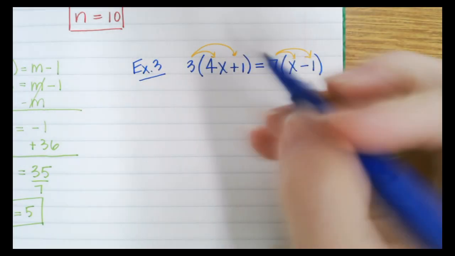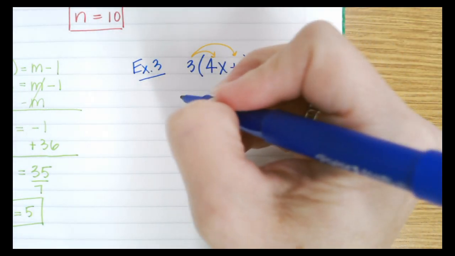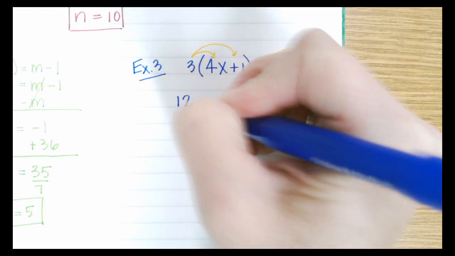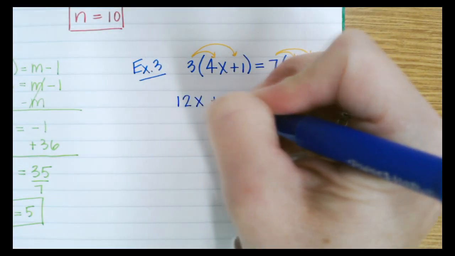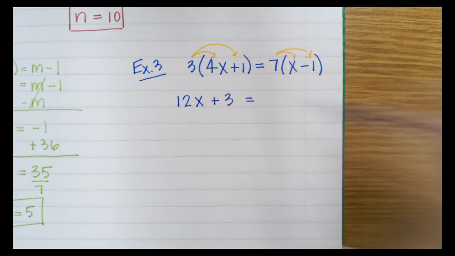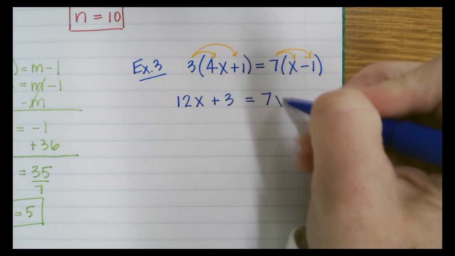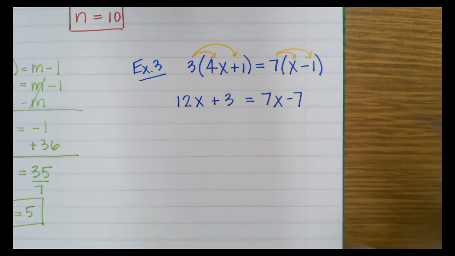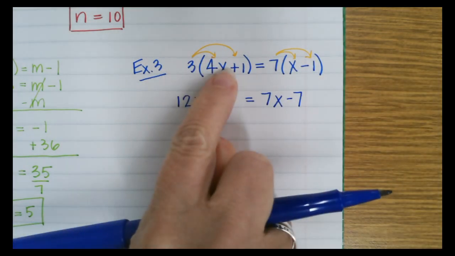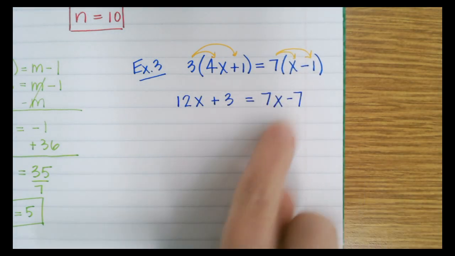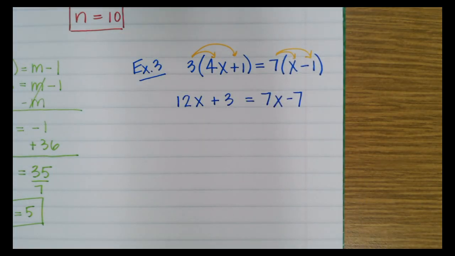On the left side, I'm going to get 12x plus 3. And on the right side, I have 7x minus 7. All I did was multiply those by 3, and multiply those by 7. Now I have variables on both sides, and we can't do that, so I need to take away the variables from one of the sides.